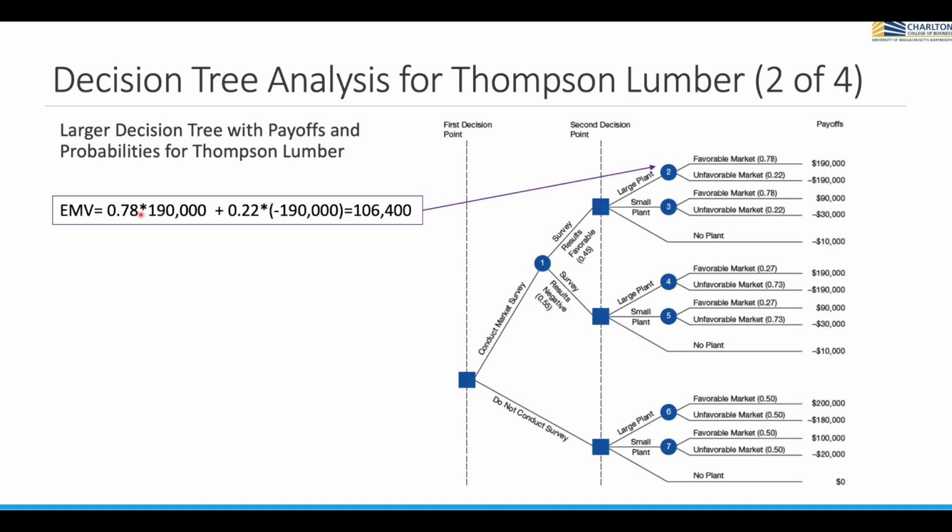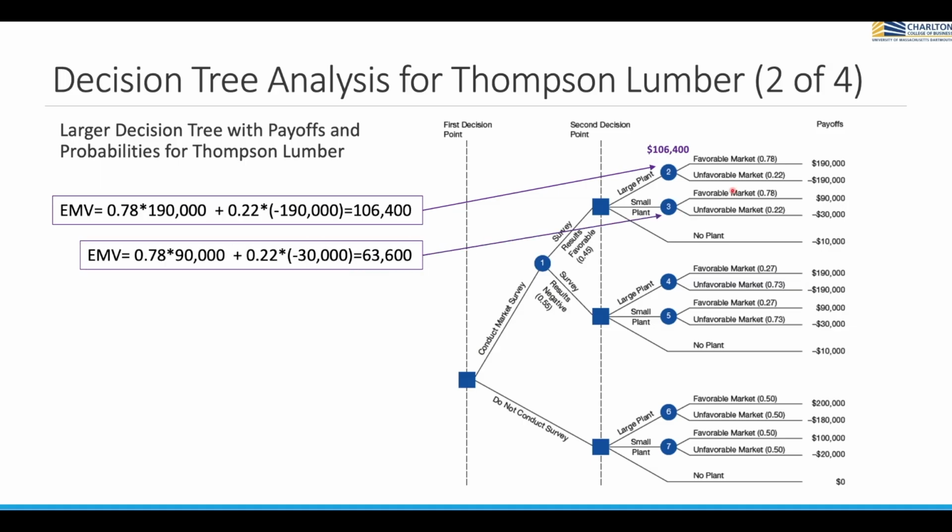So a weighted average of these two payoffs, considering the probability of a state of nature, gives us $106,400. So the EMV for this node is $106,400.